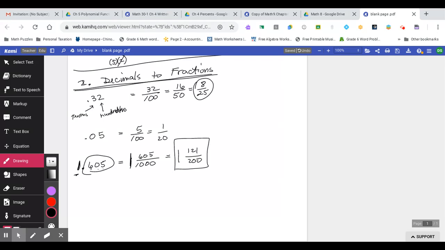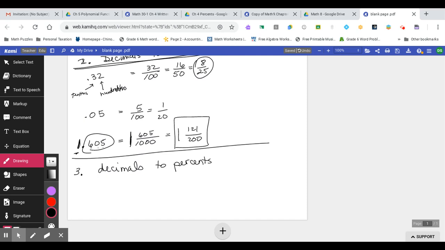Okay, the third thing I want to teach you is to go from decimals to percents. To go from decimals to percents, just take any old decimal you want. Let's try 0.35.